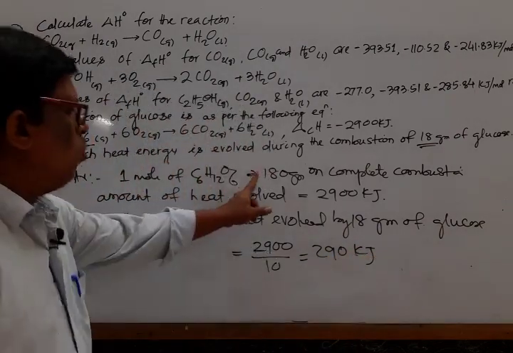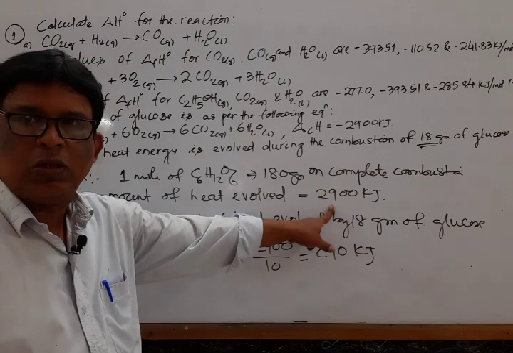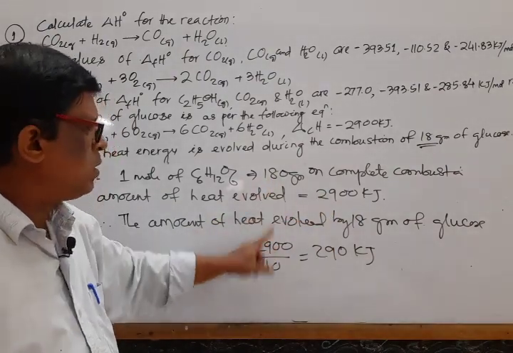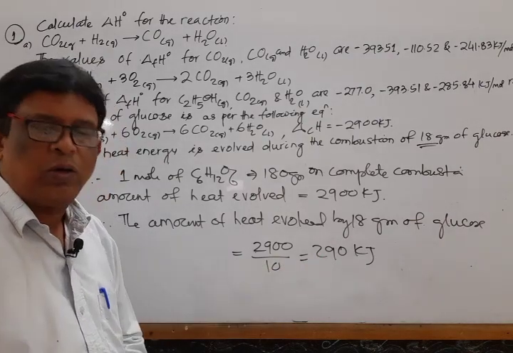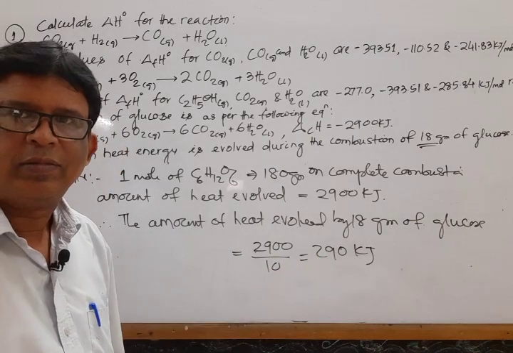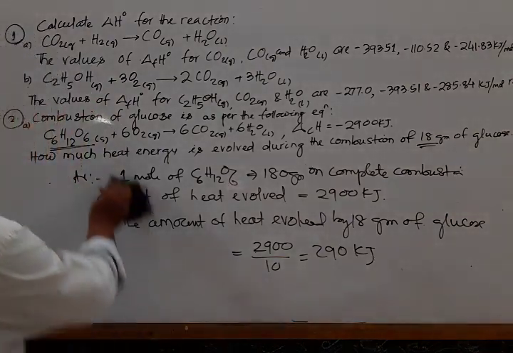I repeat again, 180 gram gives rise to 2900, then 18 gram means divided by 10. So this value divided by 10 is equal to 290 kilojoule of heat. Okay, good. Move to the next one.